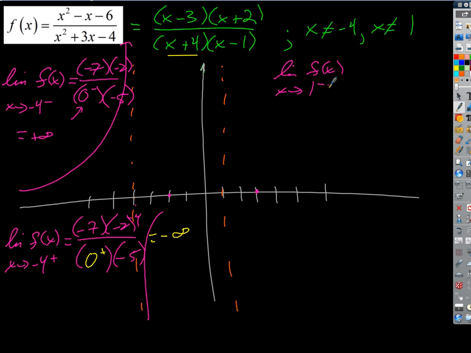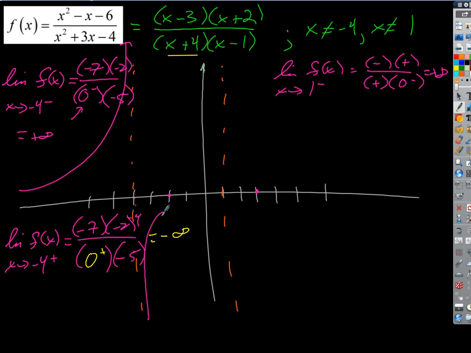I'm gonna get negative times positive divided by times, and this is going to be the 0 one, isn't it, right? So this is going to be a 0 minus. So what's that give us? I get an even number of negatives with a 0 on the bottom. So what's that mean? Positive infinity.